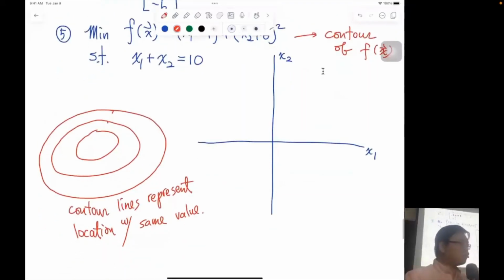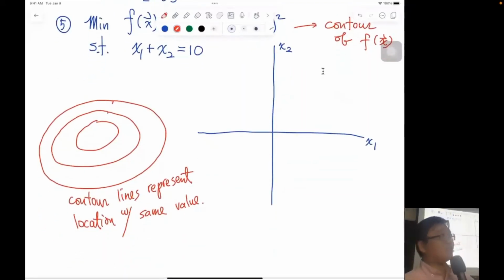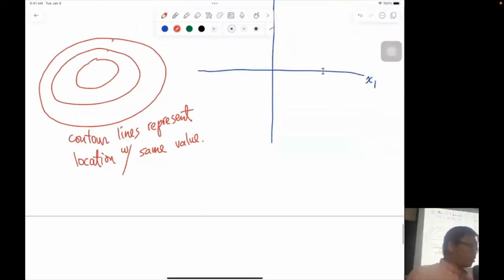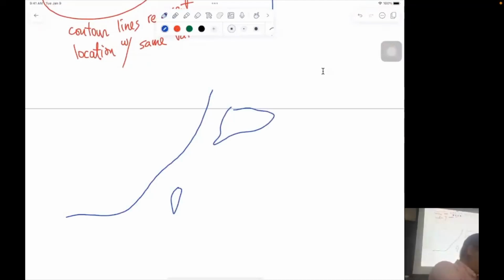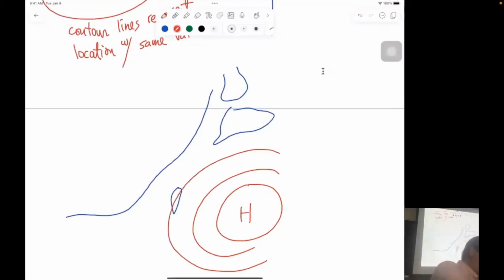So where do you usually see contours? On the weather forecast, like high pressure, low pressure, or on the geographical height distribution. For example, this is Taiwan, this is China, Japan, Korea, and usually you see high pressure contours, low pressure, right?